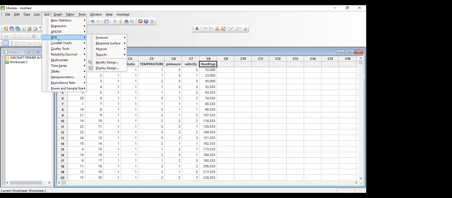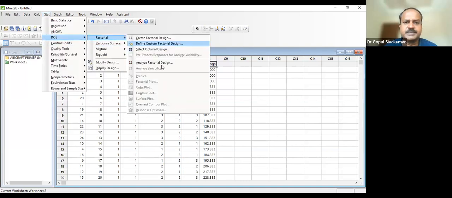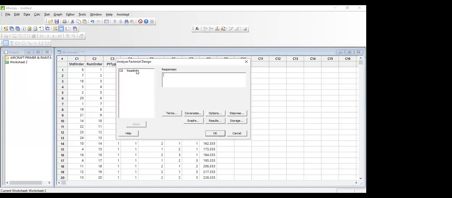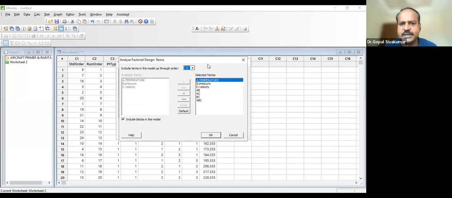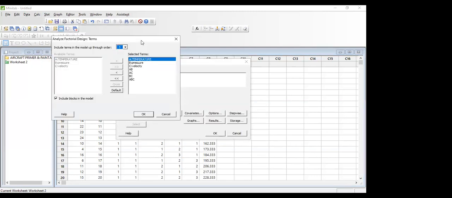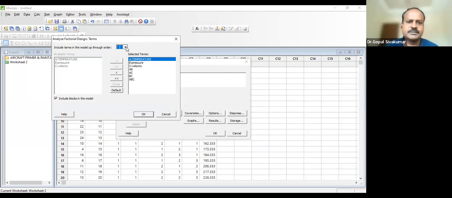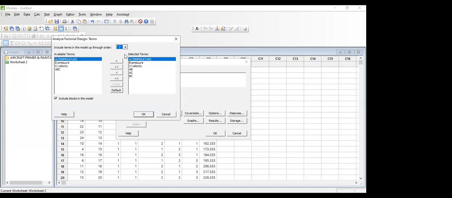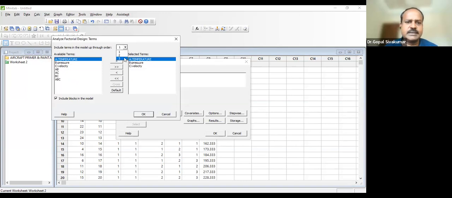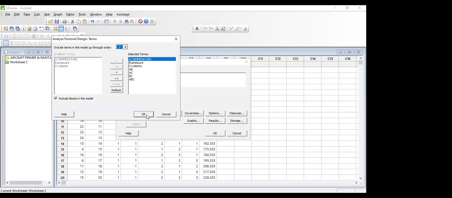Stat, DOE, Factorial, Analyze Factorial Design, readings, terms. Now why 3 is coming here? Because there are 3 factors, right? Am I audible? So 3 means all the factors will appear on the right side. 2 means up to 2-level interaction. 1 means no interaction. I want everything. This is a random thing we are doing.